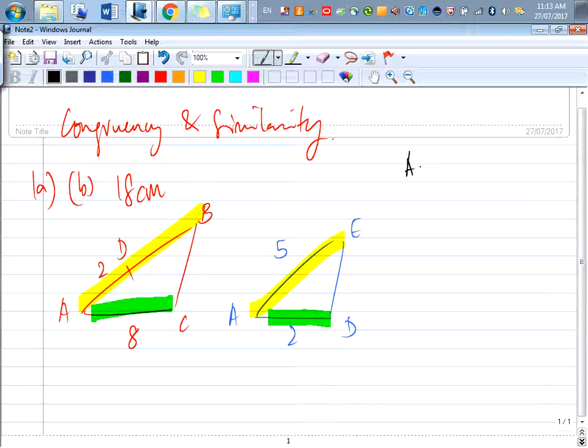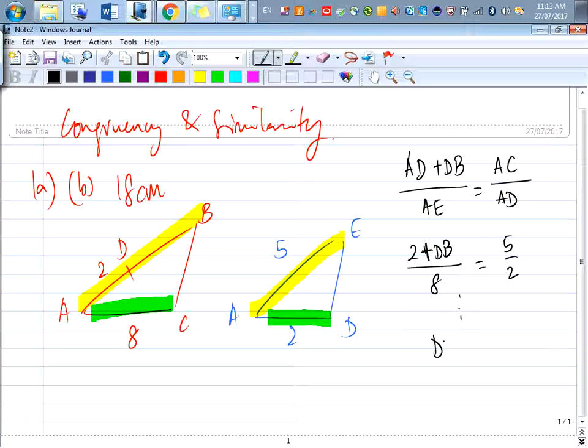AD plus DB, meaning the yellow part, divided by AE is equal to AC divided by AD. Then I substitute in everything that I know. So I get 2 plus DB over 8 equals 5 over 2. Continue to solve, you get DB equals 18 cm. Okay? Can or not?